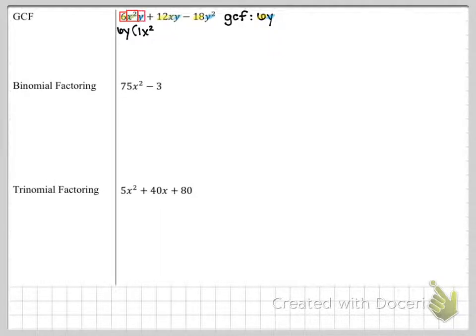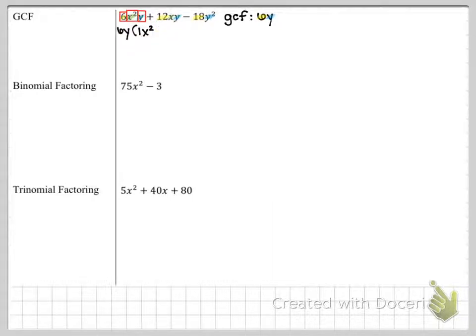And then I've got this y. Well, I took out the GCF of y, and so that means this y is completely handled. So I think the only thing we have from the first term that's left over is 1x squared. Now, if you were to take those 2 things, the 6y and the 1x squared, you'll get back what you started with in the first place.